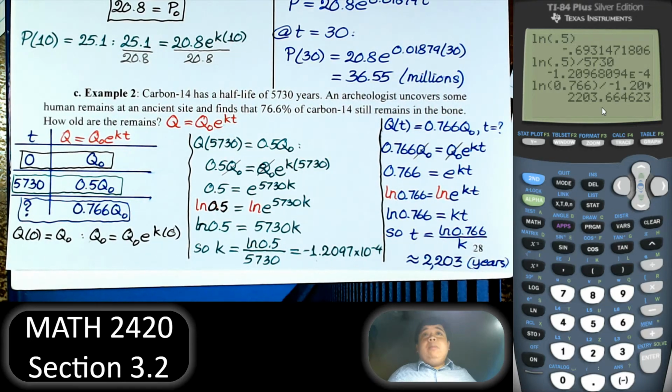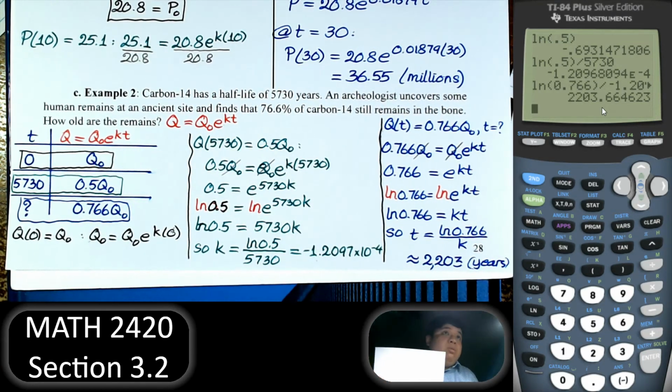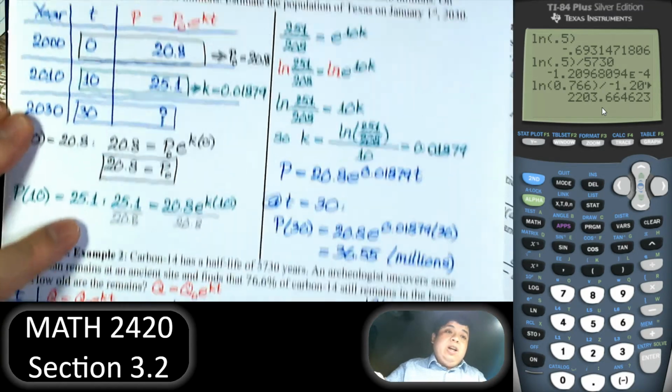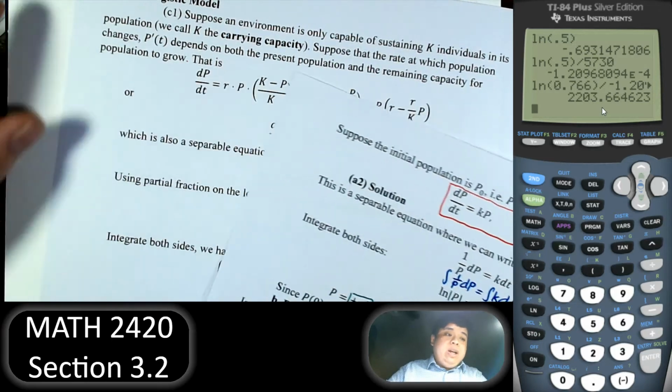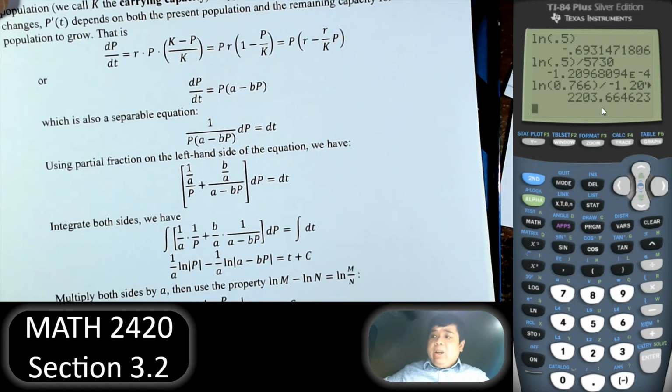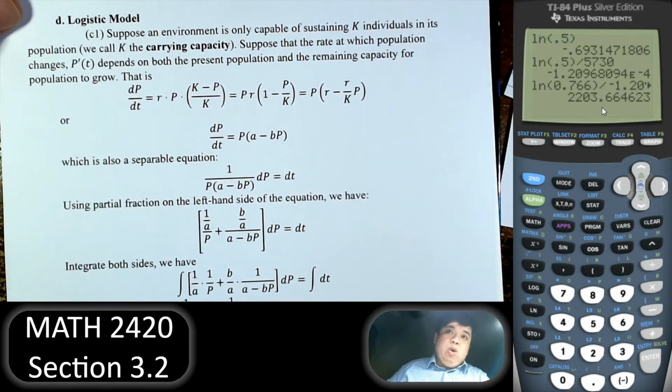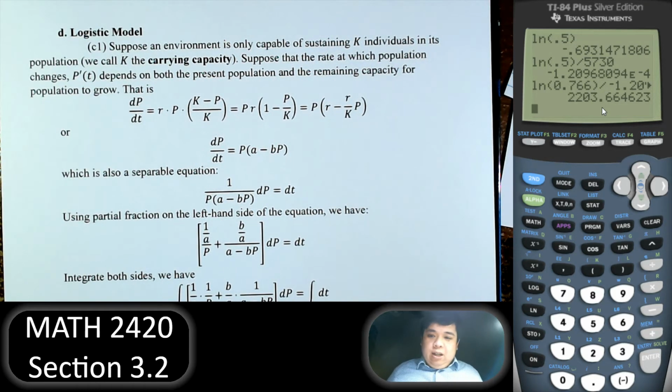Of course, that is in the perfect condition, in the perfect world, where the growth rate only depends on the population at the moment. Or in finance, the growth is constant, depending on how much we have at the moment.